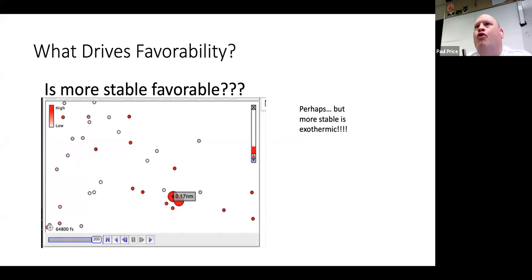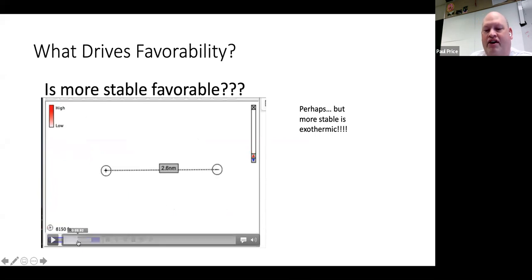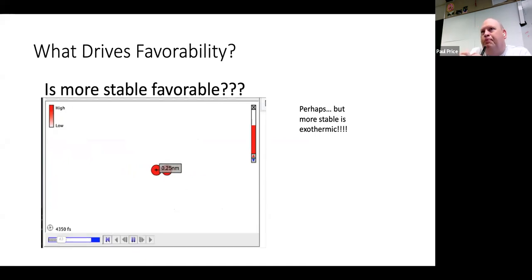So whenever we're making bonds, that process must release energy, because we have to bleed off this energy. And consequently, going back to the beginning of the video, notice that if I go back to the point where these two particles were coming together right here, you would have to do some work, some pulling, to pull these two particles apart.